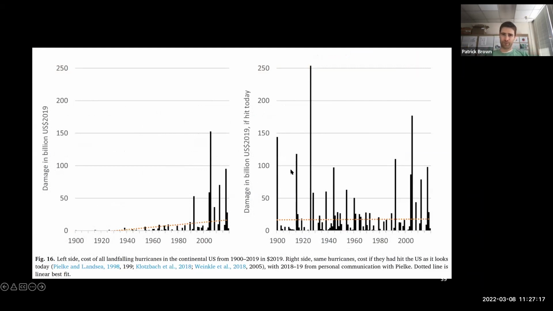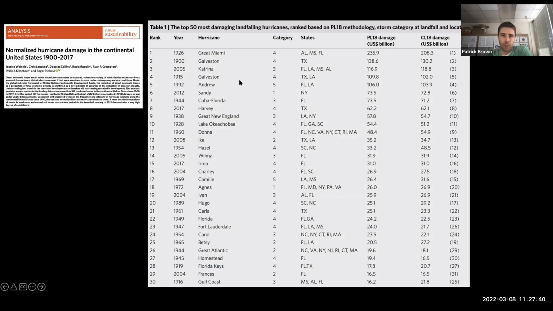This is what that would look like according to their estimate in terms of how much damage you get every year back to 1900. So instead of looking like this huge increasing trend, it looks kind of flat. We had a minimum in the 1980s and then it goes back up later. Then if you look at the hurricanes, this is imagining that we have current infrastructure, and then the same hurricanes were hitting the same current infrastructure over this whole period back to about 1900.